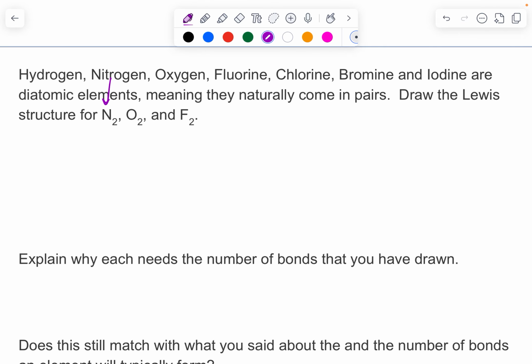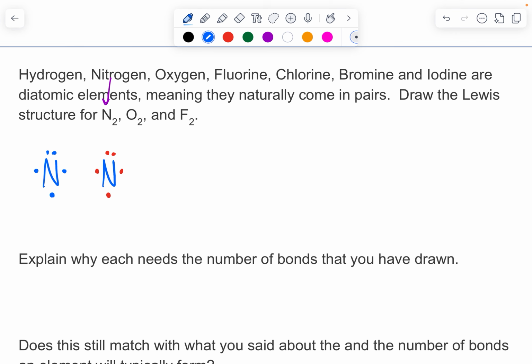Okay? So what we want to do here, I don't know that I want to do every single one, oh, it just says nitrogen, oxygen, and fluorine. That's good. So we're going to draw the Lewis dot symbol for nitrogen. And even though these are the same elements, I'll color code the electrons just so you know.